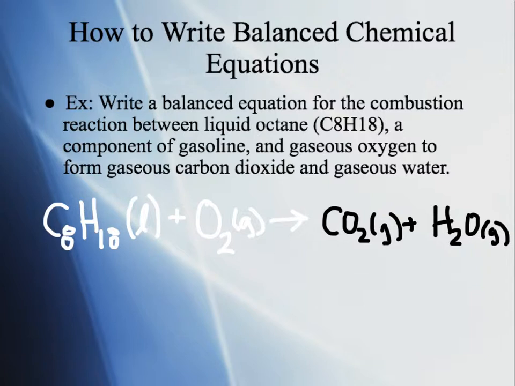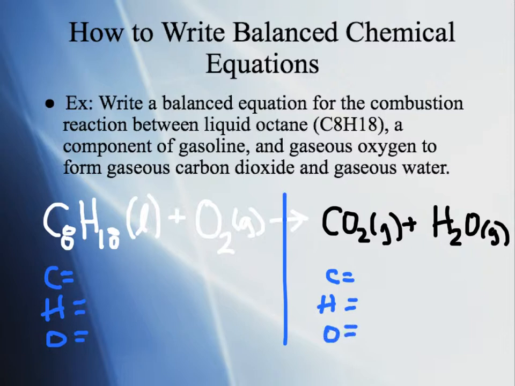Now we have to do some balancing. One of the tricks, if you're still shaky at this, is to draw a line right where the arrow is, make a list of all of the atoms on each side, and take inventory.